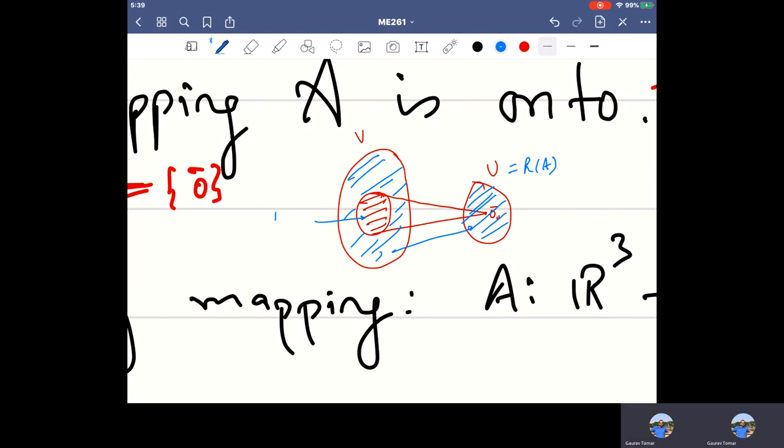But the dimension of range of A is the same as the dimension of U in this case.